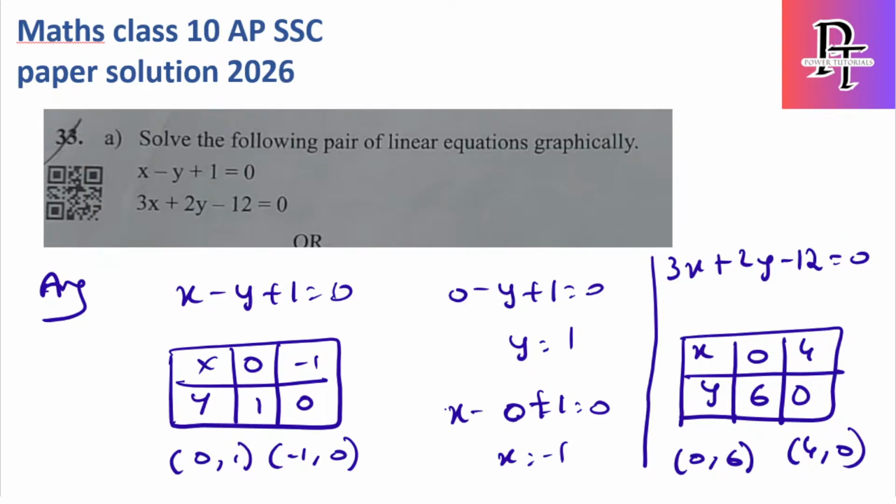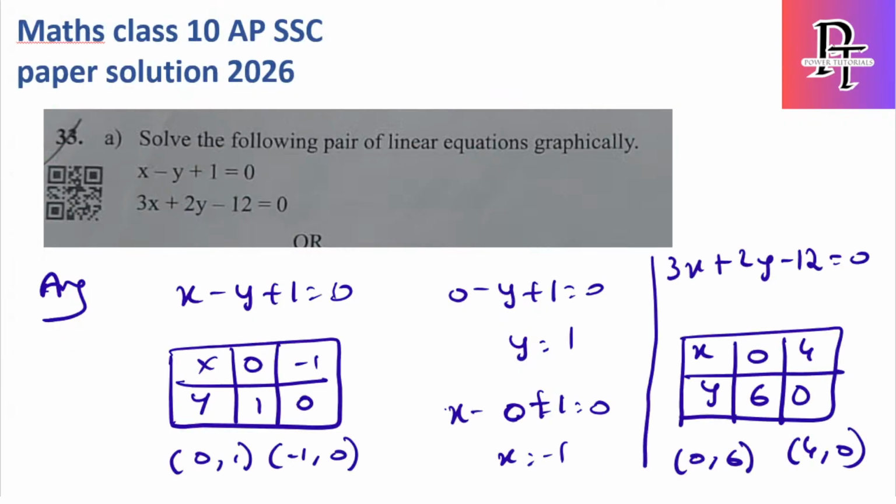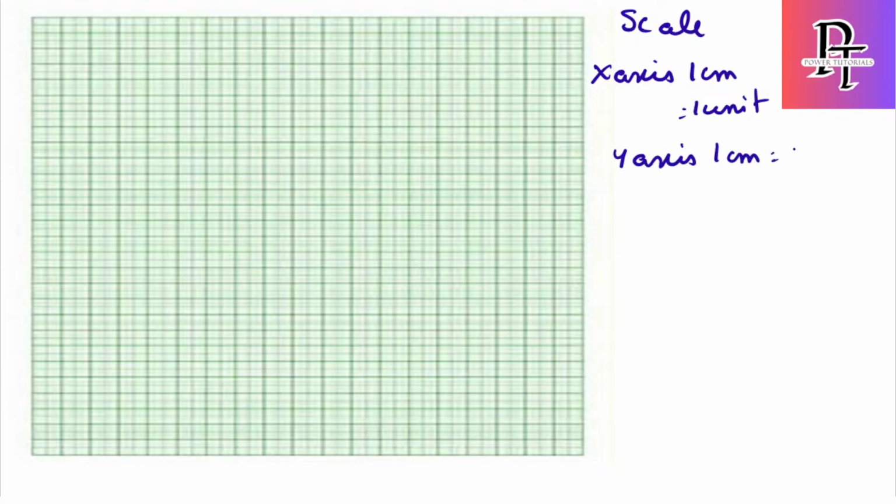Okay, so let's draw it on this. Before that, make sure to write the scale on the graph sheet as well. Here the numbers are just 1, minus 1, 0, 6 and 4. I will use the scale: x-axis, 1 centimeter equal to 1 unit, same for the y-axis, 1 centimeter equal to 1 unit.